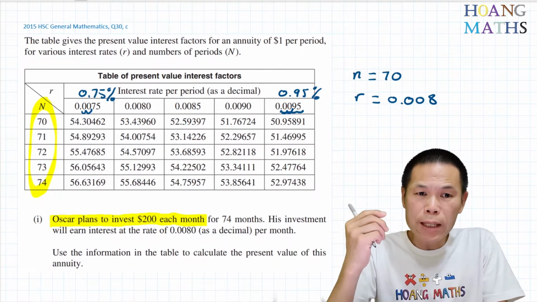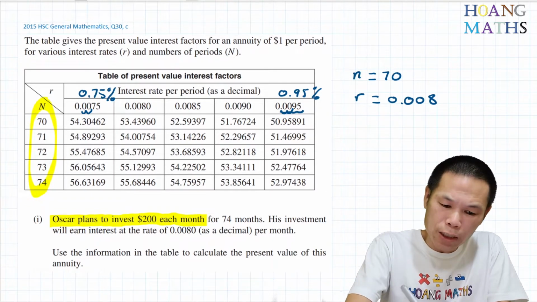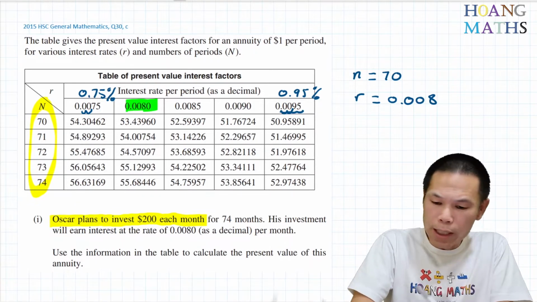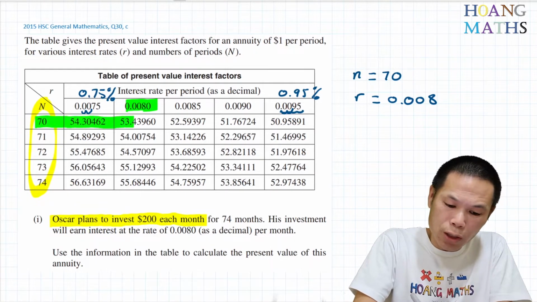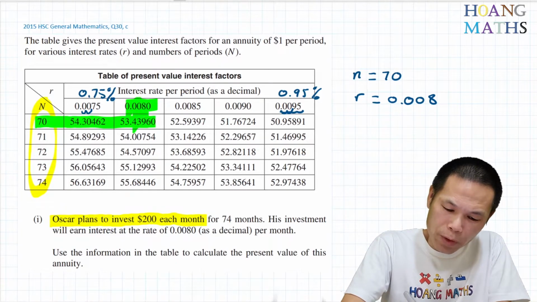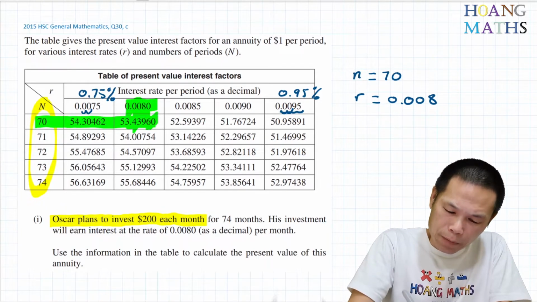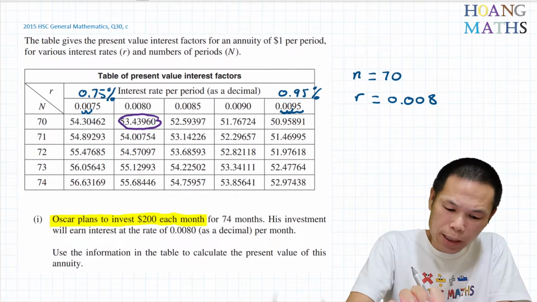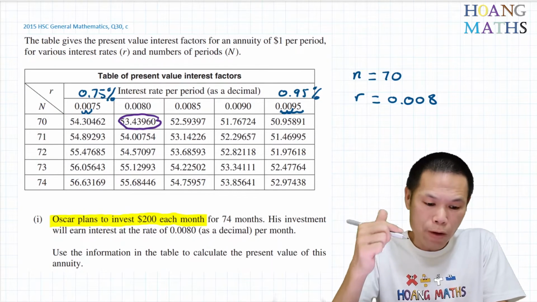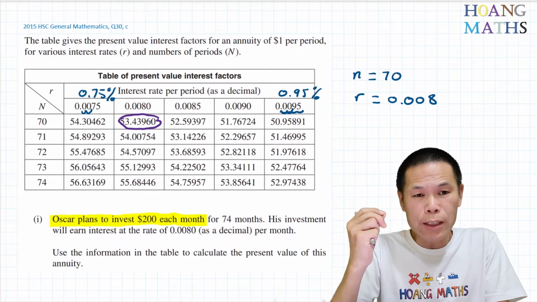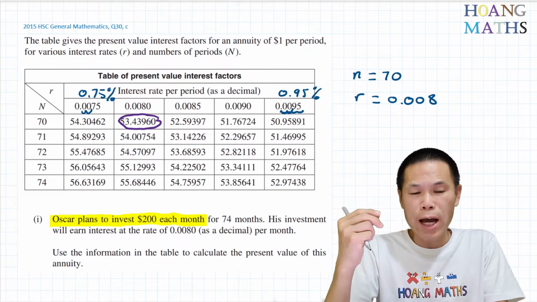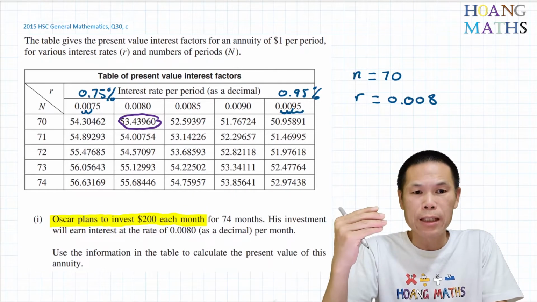So this means the present value is, we start from this interest rate here, and then N is 70, so we go across here and we go down. This intersection, this point here, is for N equal to 70 and R equal to 0.008, or 0.8% if you like.